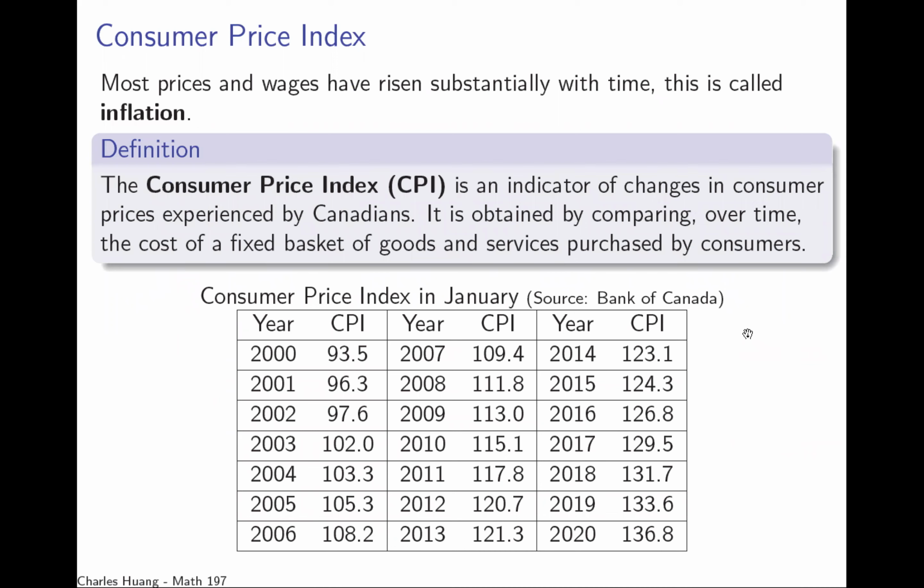Now we know as price increases, this is called inflation. One of the important price index numbers that we use is called the consumer price index.